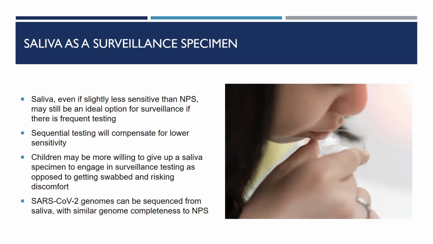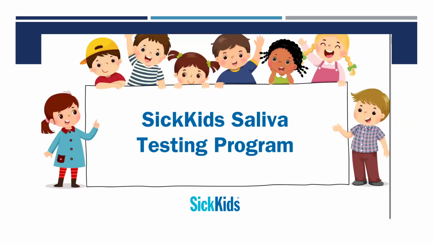And most importantly, there have been a lot of epidemiological and sequencing studies to show that the SARS-CoV-2 genomes can be completed with great accuracy compared to NP swabs if they are obtained from saliva specimens as well. So that is to say you can use saliva to perform outbreak investigations.